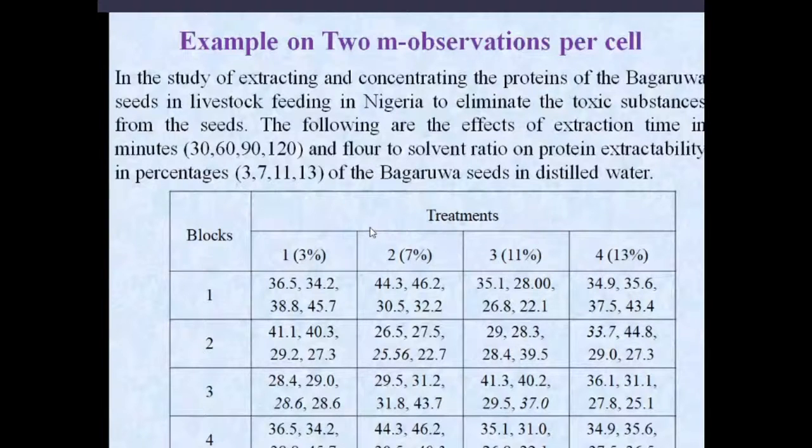In the study of extracting and concentrating the proteins of one of the seeds used in livestock feeding in one of the places of Nigeria, to eliminate the toxic substances from the seeds, the following are the effects of the extraction time, which are in minutes, expressed as 30, 60, 90, and 120, and the flour to solvent ratio on protein extractability in percentages.